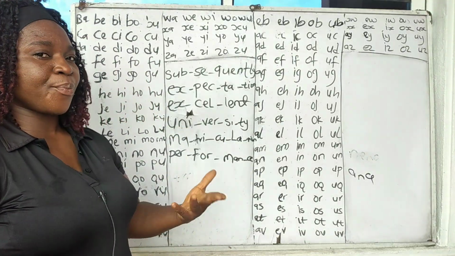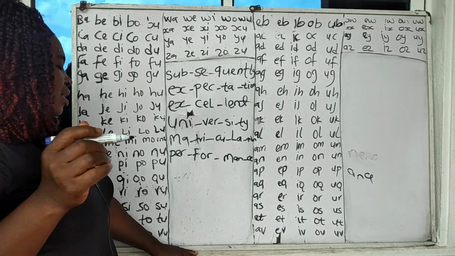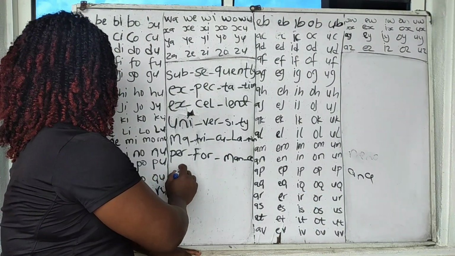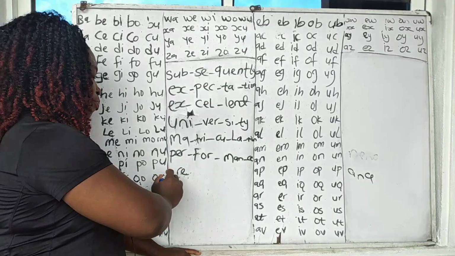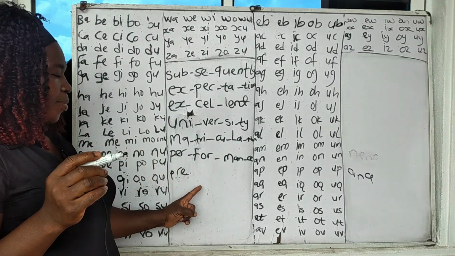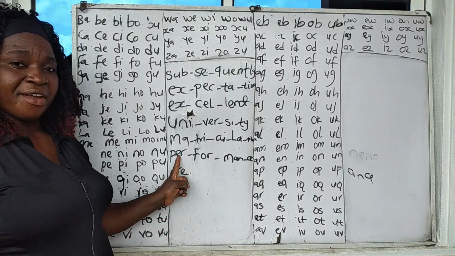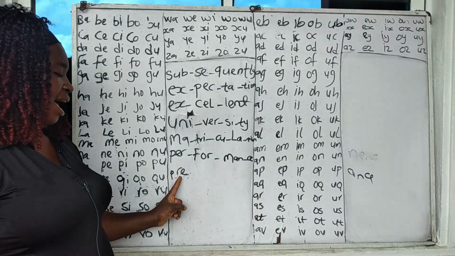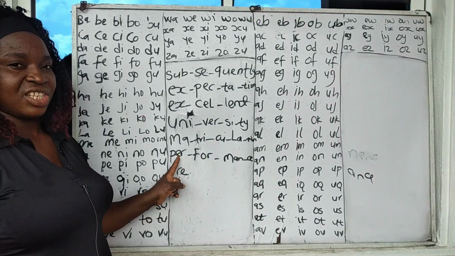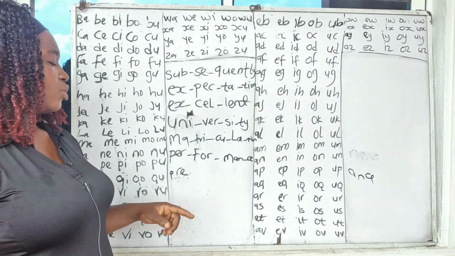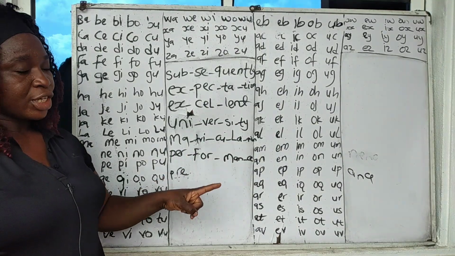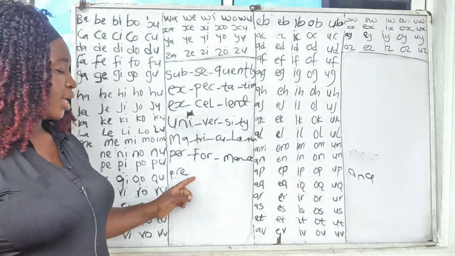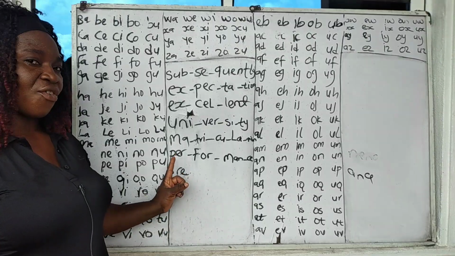Now we start with pre. Okay, this is re. And how do I make it pre? I go to P, I have pre. Now this is different from this. This has R at the middle and this has E in the middle. Okay, so you can see that this is pe and this is pre. So pay a very good attention when it comes to things like this confusing you.